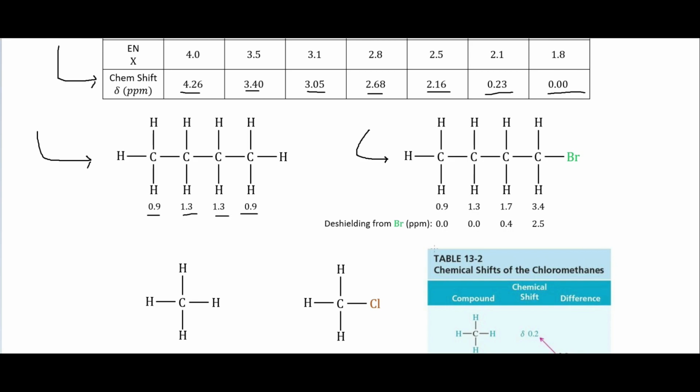But then if we compare that with the bromine, we get 0.9 over here, then 1.3, so those are not all that affected by the bromine. But then when we get here, this is shifted a little bit more, so by 0.4, and then when we get to the carbon right here where the bromine is bound, these two hydrogens will be shifted 3.4, which is 2.5 more than just the butane.